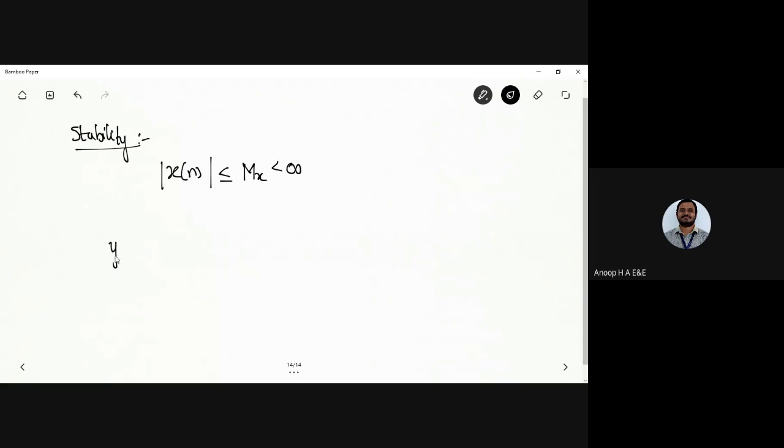Now, I have y of n equal to the T operator on x of n, and I'll be having the output x of n minus nd. Now, if you see the output x of n minus nd, it will certainly be bounded, less than or equal to some M, which is less than infinity.